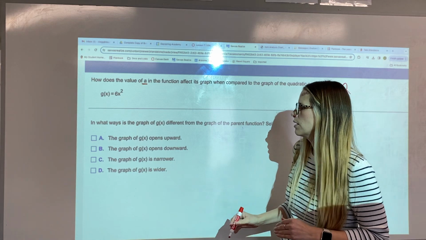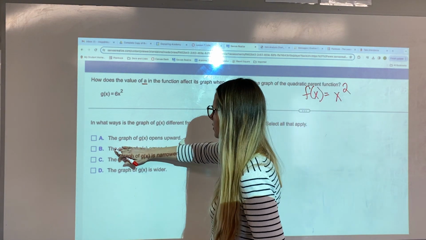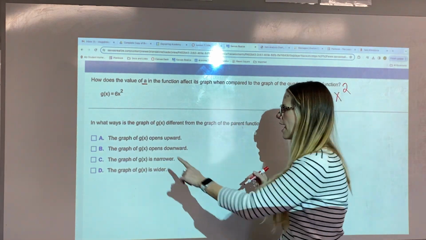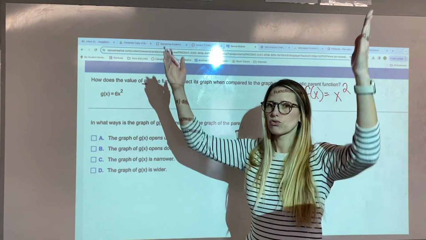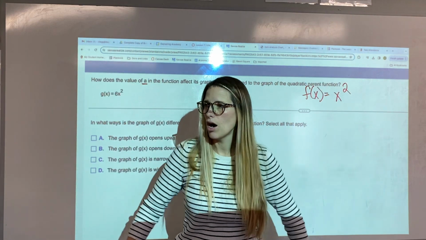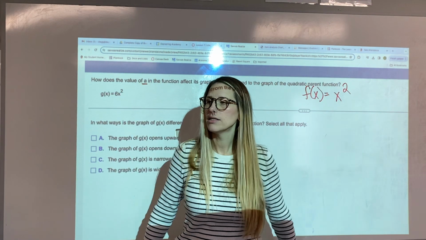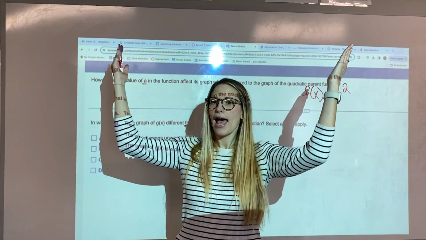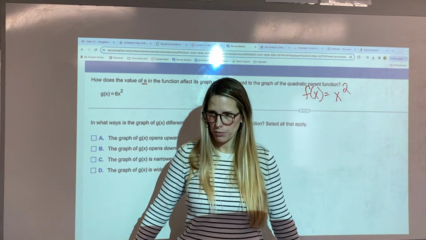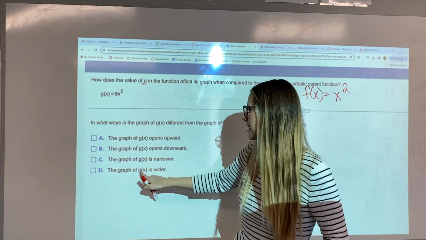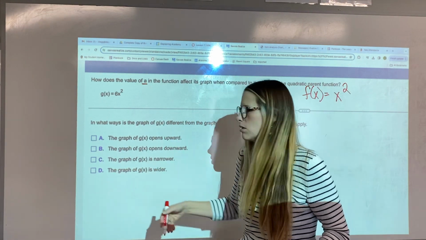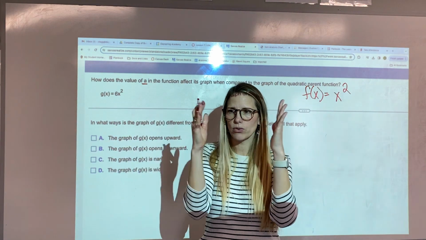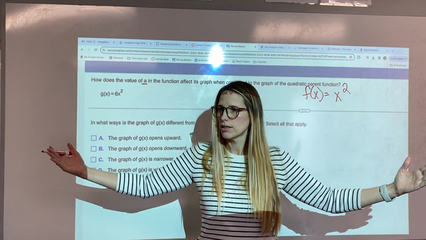Now, A and B and C and D are talking about two totally different things. A and B are talking about the direction of the opening of the parabola. So it's either opening upward or downward. Happy parabola, sad parabola. C and D are talking about the width, the wideness or narrowness of the parabola.